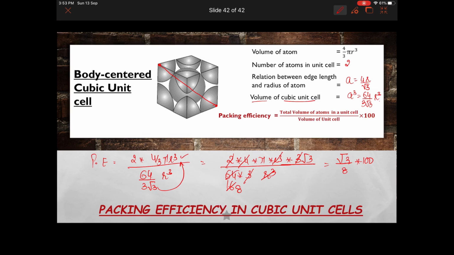Very nice. Okay, we have forgotten the pi over here. This is 3.14. So you multiply with 3.14, you get the answer as 67.9%. Approximately 68% is the packing efficiency in a body centered cubic unit cell.